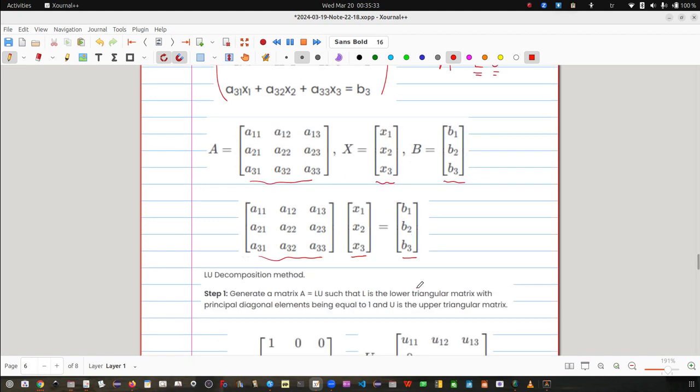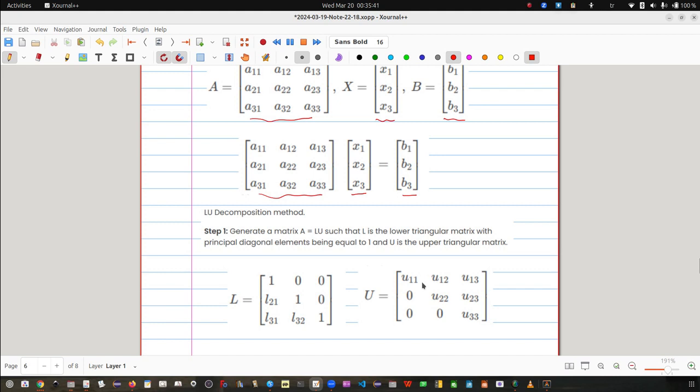So LU decomposition means we have to find two matrices which when you multiply them become A. The lower matrix will have diagonal 1, and then there are three elements which we don't know yet, and the upper matrix has zeros in the lower triangle.